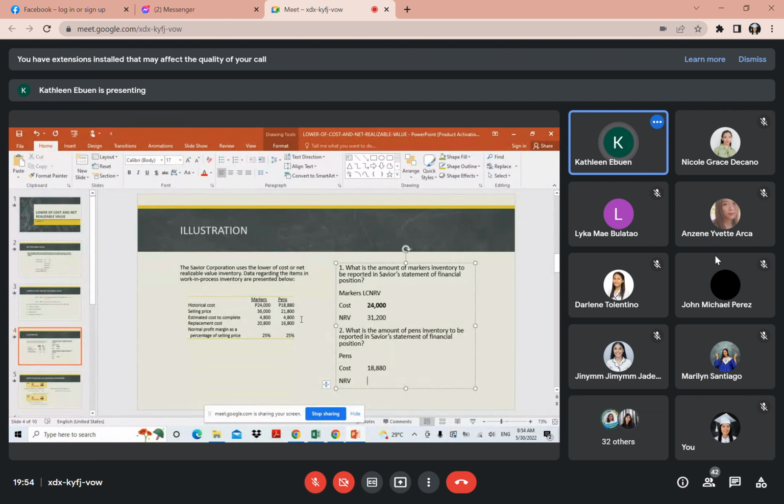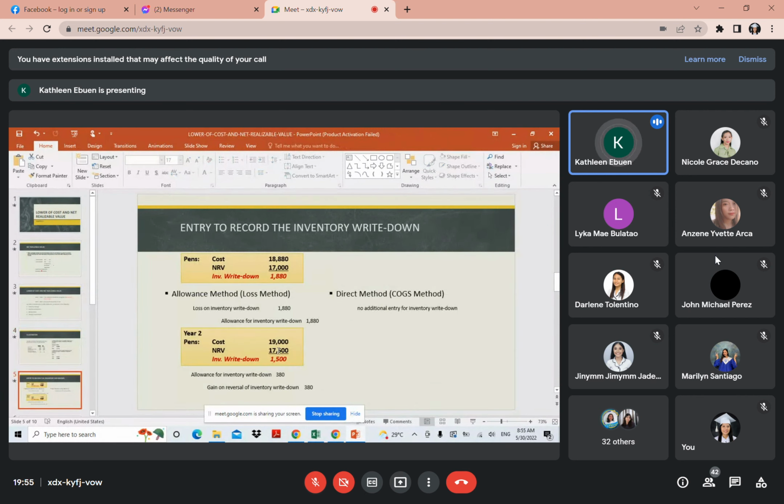This is 17,000. So, i-record natin siya at 17,000, rather than the cost of 18,880. So therefore, class, meron tayong inventory write-down. We are required to make adjusting entries.